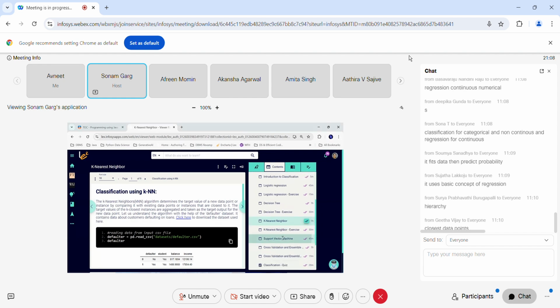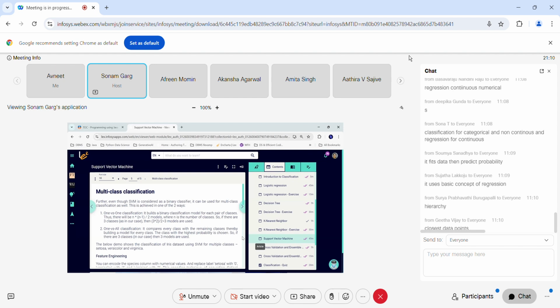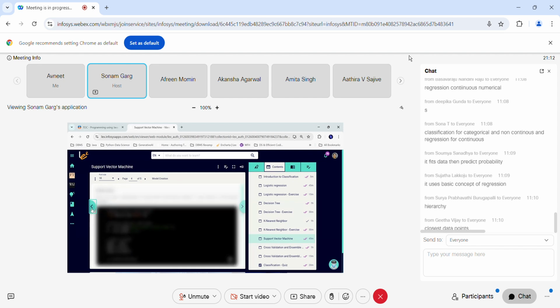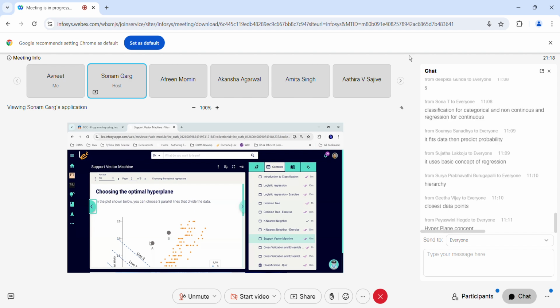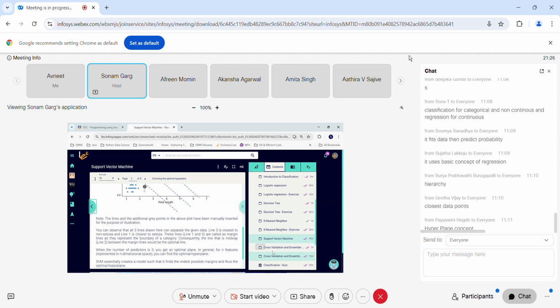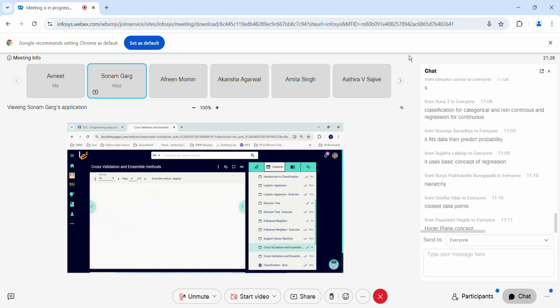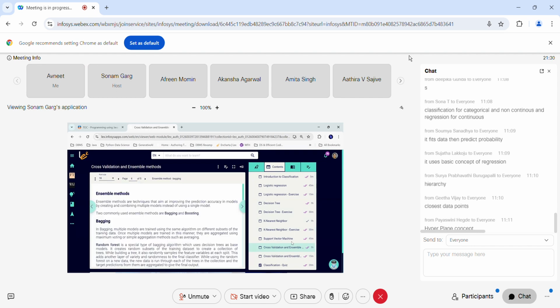Support vector machine. What do we do in SVM? We split the data. We find a hyperplane, the closest fit, the optimal hyperplane, right? And it splits the data into different classes. And then we have studied ensemble methods like bagging and boosting, which are actually hybrid models.